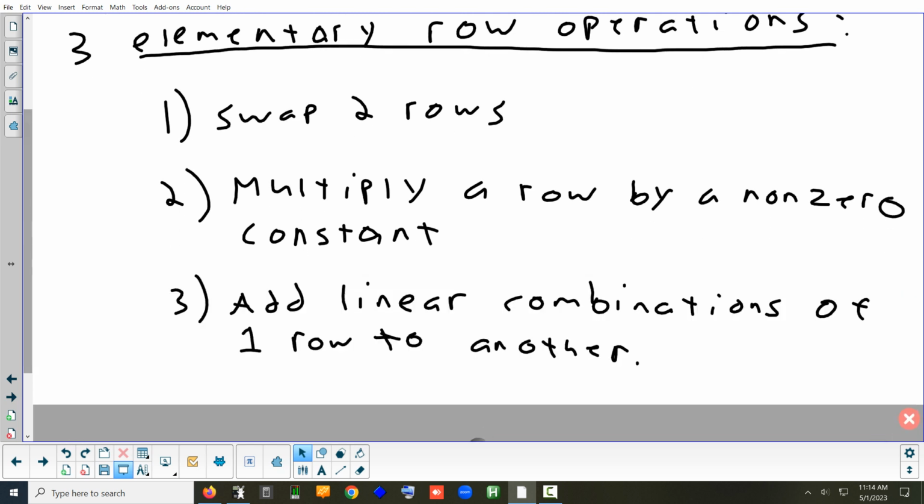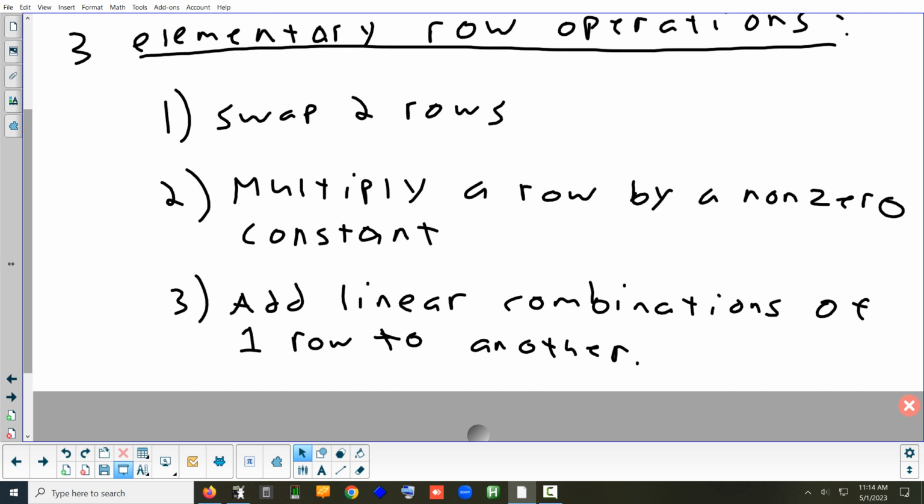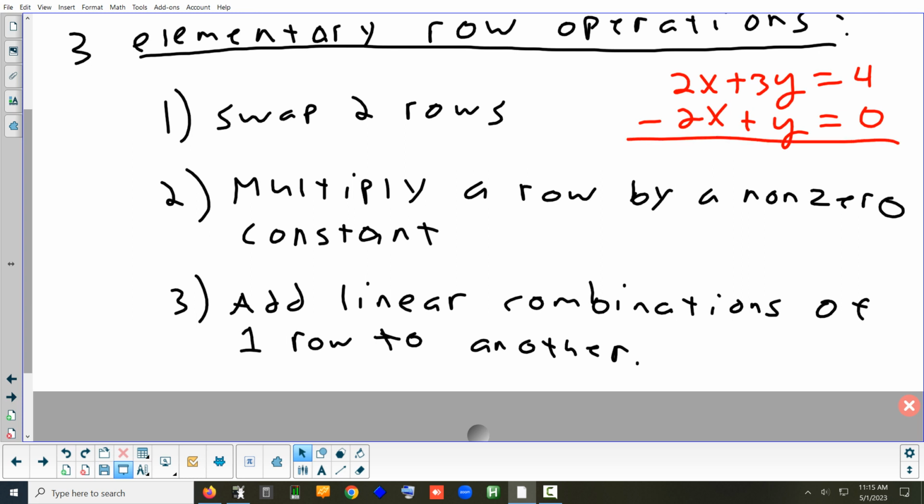And the third thing you're allowed to do is add rows together. And we've done that when we do elimination. So usually when you get to a certain step in elimination, you might have something like this. And the goal eventually with elimination is to get two variables that have the same number but opposite sign.